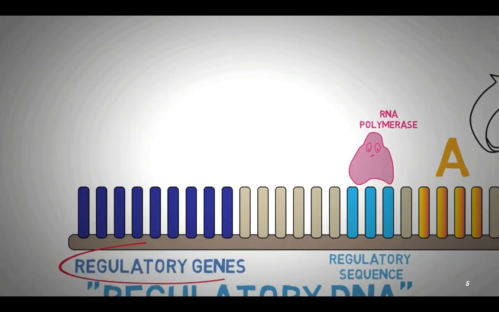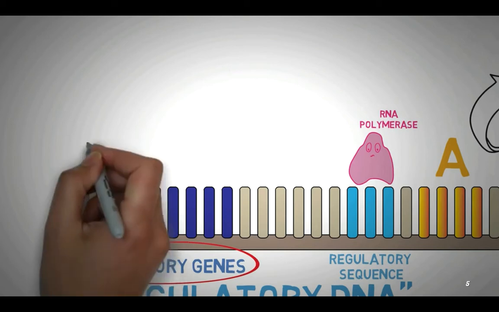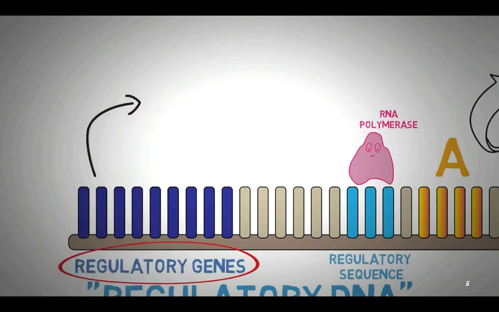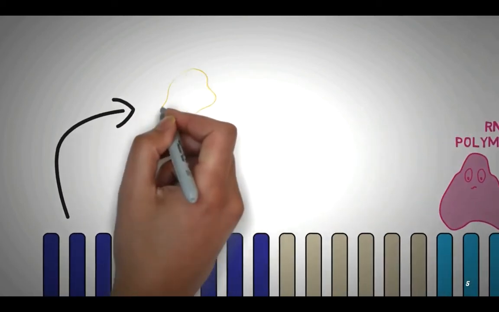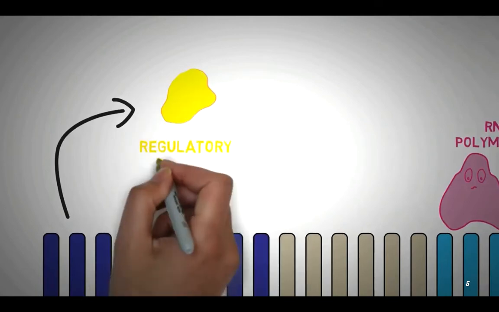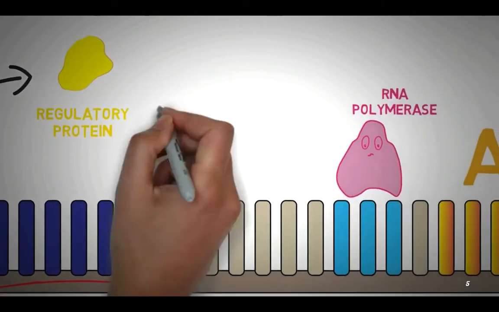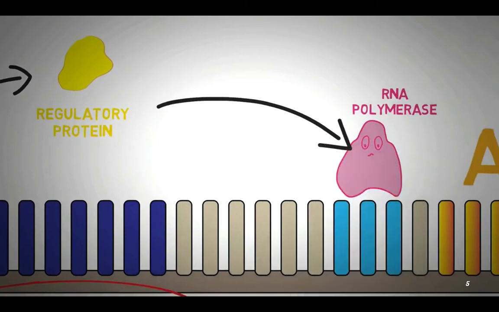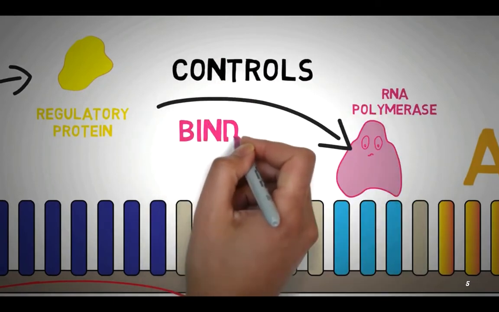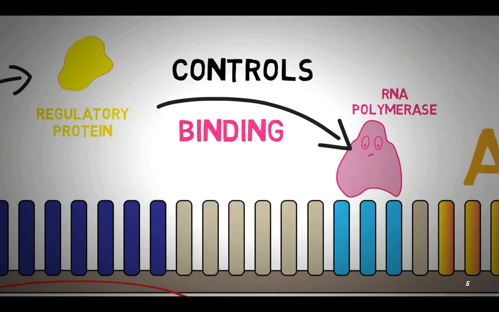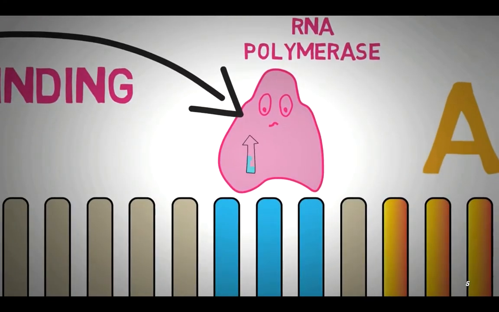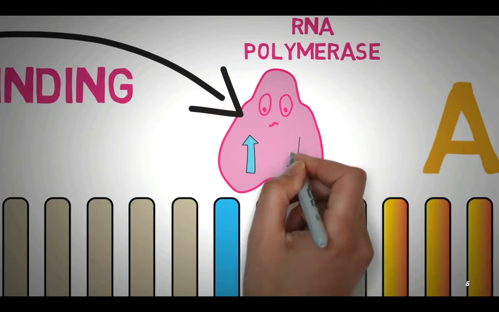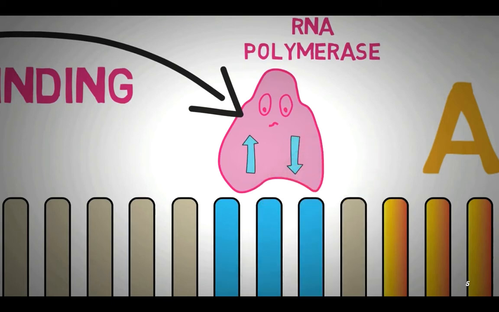The main regulatory gene usually lies a few thousand base pairs behind the protein coding genes, and this regulatory gene synthesizes a protein known as the regulatory protein. The regulatory protein goes on and controls the binding of enzyme RNA polymerase to the regulatory sequence, increasing or decreasing it depending upon the situation.